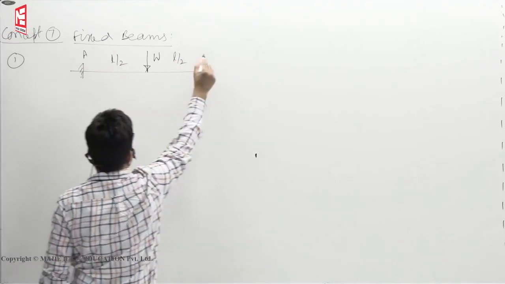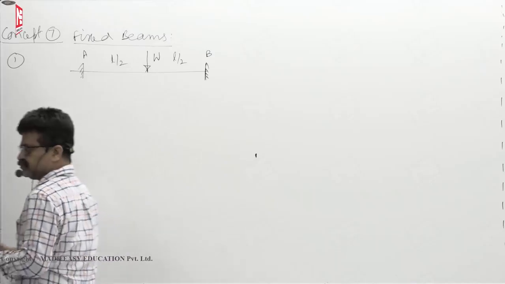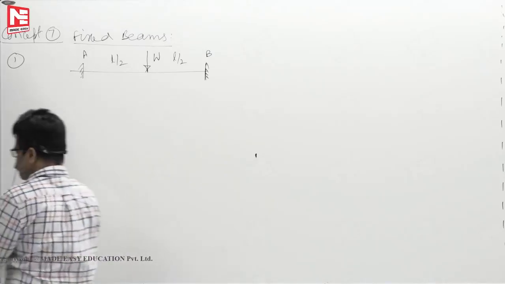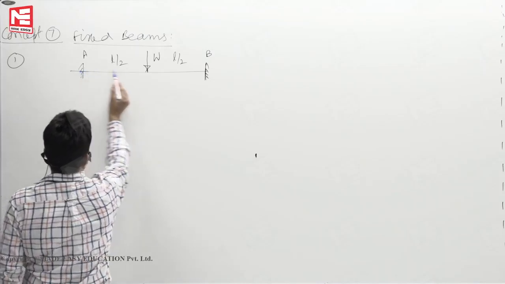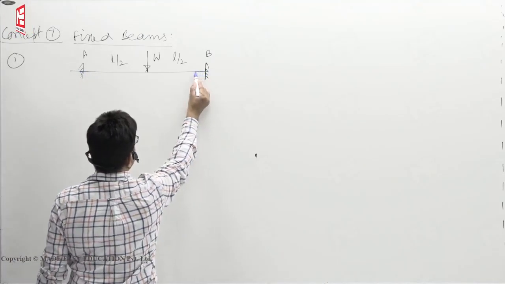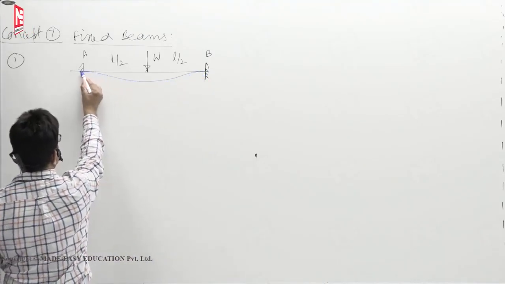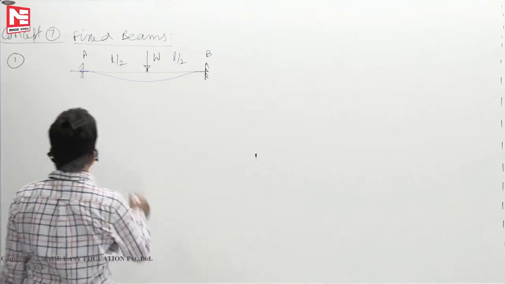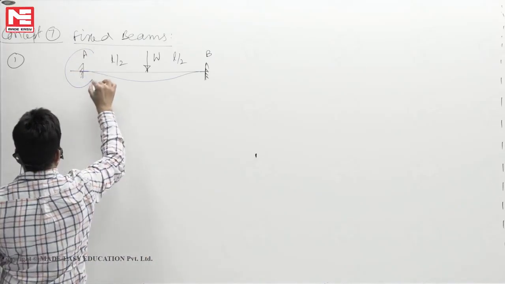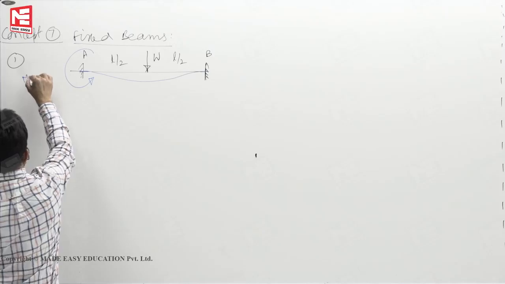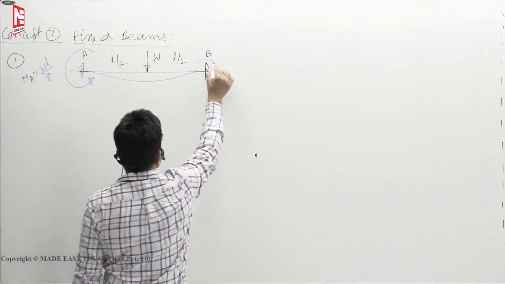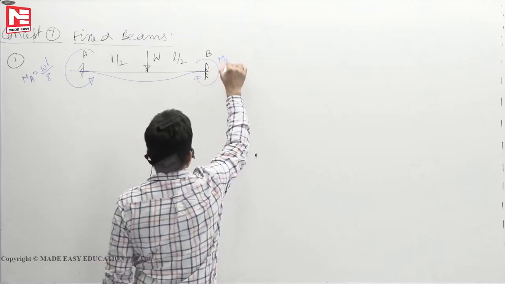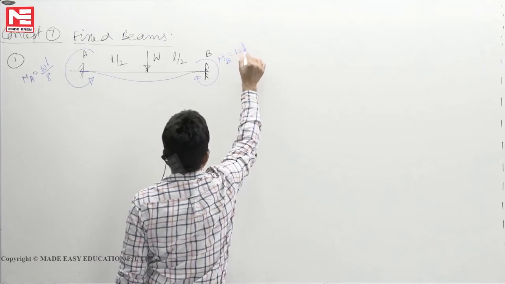This point let us say A, B. For this one, we know the deflection profile. At the fixed support, slope will be 0. You found that MA is equal to WL by 8. MB is also WL by 8.